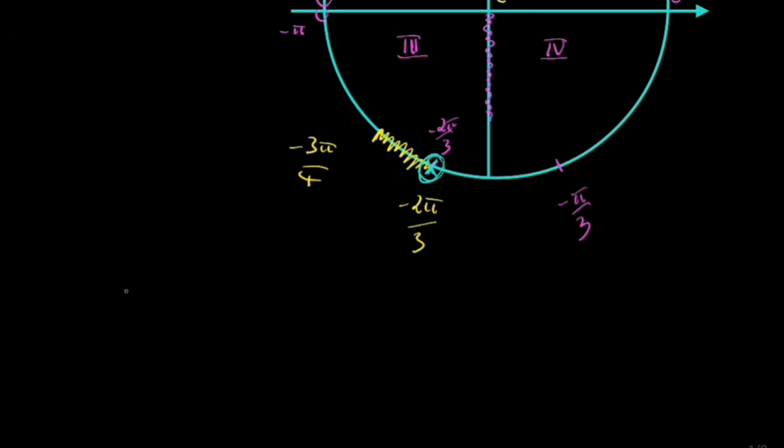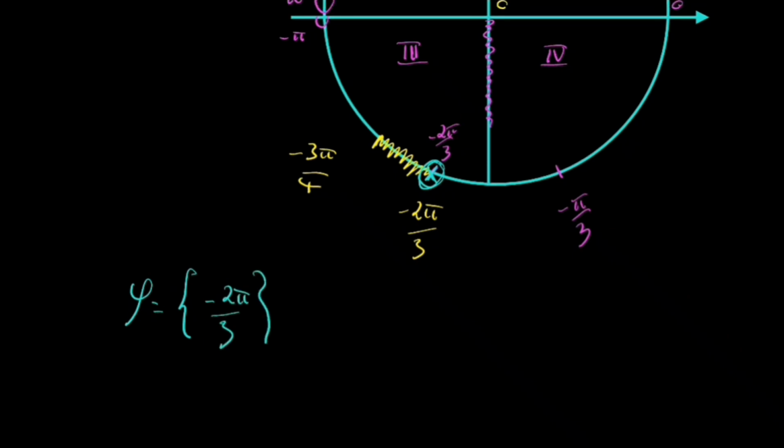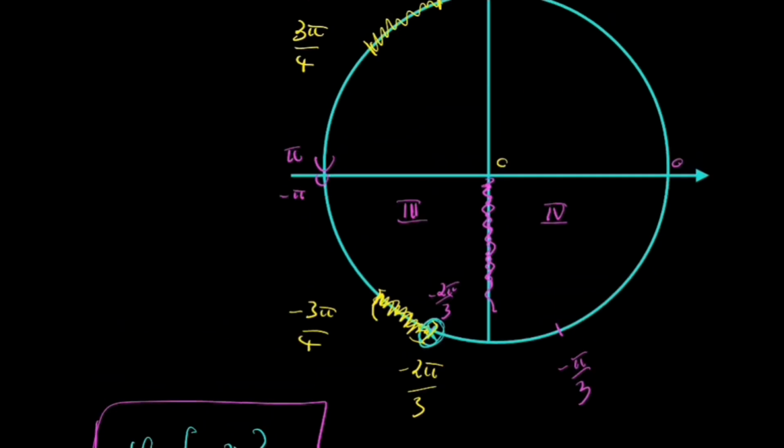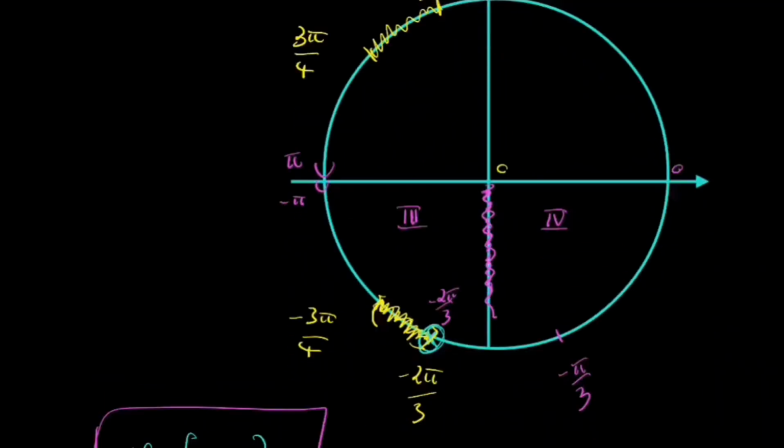And so our set of solution S is equal to the single element minus 2 pi over 3, because minus 2 pi over 3 is at the same time in the yellow zone because we are including our borders, and in the purple zone because we are in the third or the fourth hemisphere.